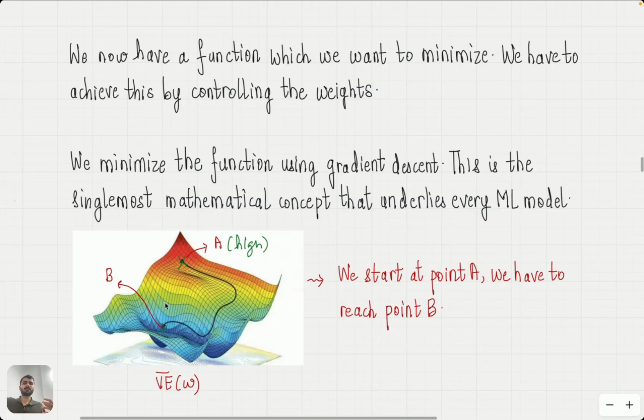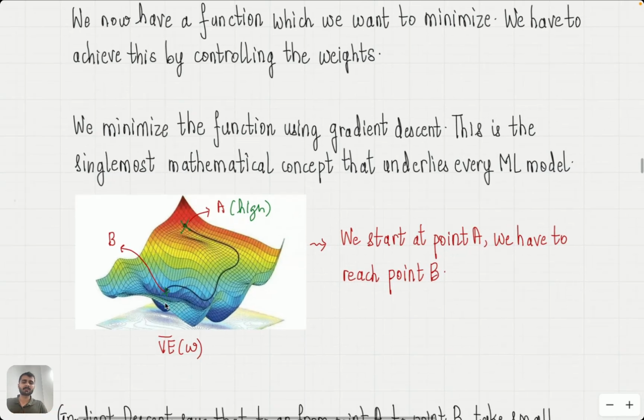Imagine you are at the top of a cliff and you want to reach the bottom. There are multiple directions you can go, but to reach in the fastest possible time, you will choose a direction which has the maximum slope so that it takes you down the most. That is exactly what gradient descent does. At every step of the way, you choose the direction of the gradient because it gives you the steepest slope at any point.